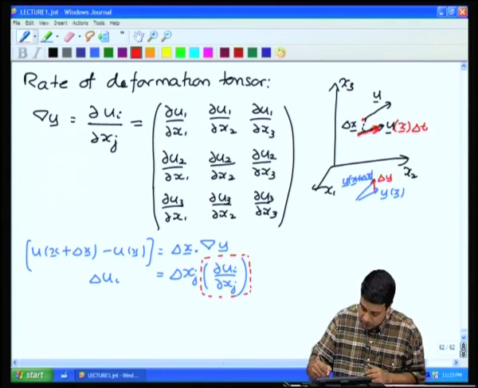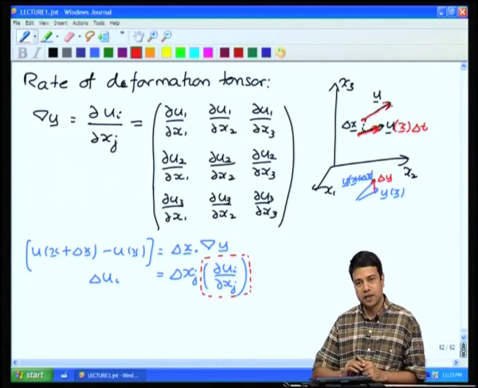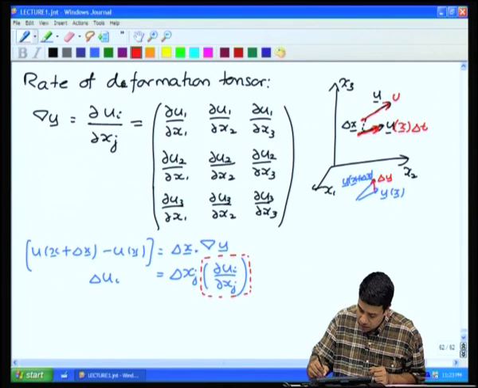The second point here is going to travel some other distance. The second point is going to travel the distance u at x plus delta x times delta t.